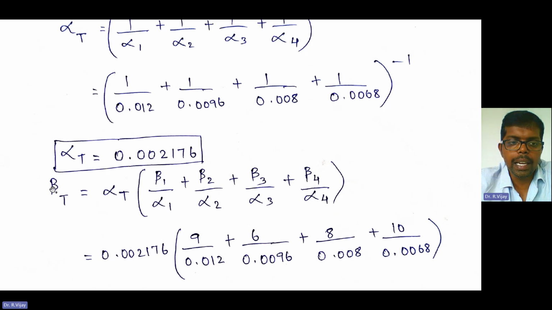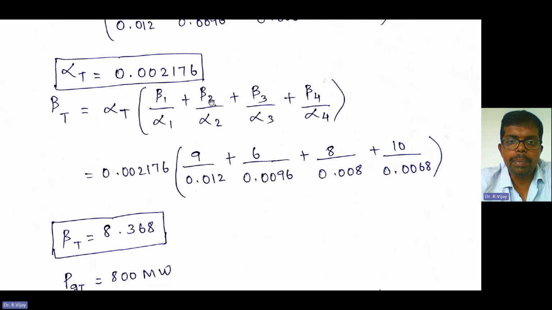0.002176. Similarly, beta t is equal to alpha t into beta 1 divided by alpha 1 plus beta 2 divided by alpha 2 plus beta 3 divided by alpha 3 plus beta 4 divided by alpha 4. We just need to substitute all these values for alpha 1 and beta 1. So here alpha t is 0.002176 into beta 1, that is 9 divided by 0.012, plus beta 2, 6 divided by alpha 2 which is 0.0096, plus beta 3, 8 divided by 0.008, plus beta 4, 10 divided by 0.0068.